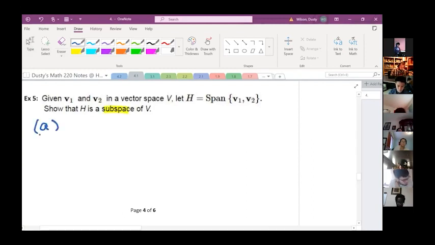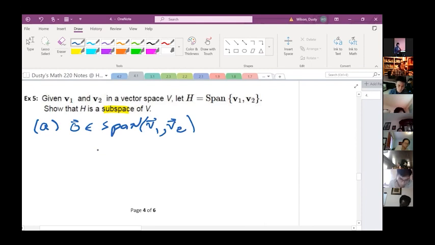What's the first condition I need to show? I would say Evan's right. We got to first show that 0 is in the subspace H. And remember, that subspace is the span of V1 and V2. So how do I show that 0 is in the span? Yeah, so that would work.